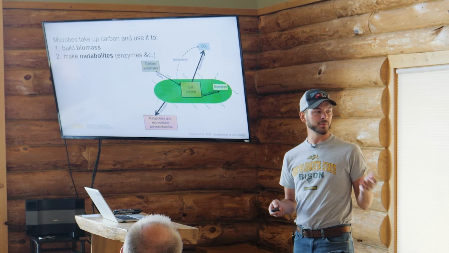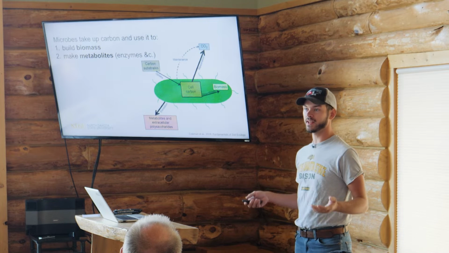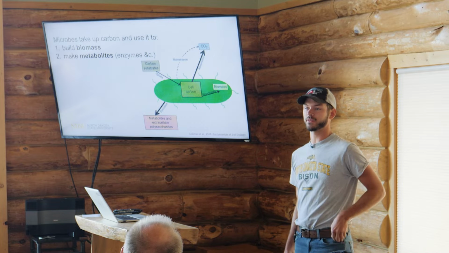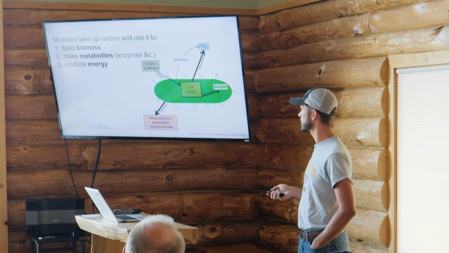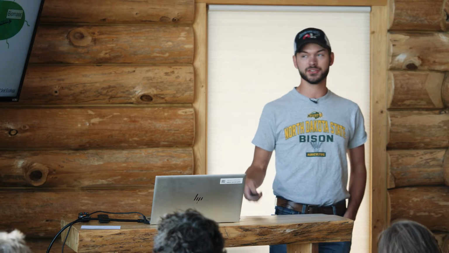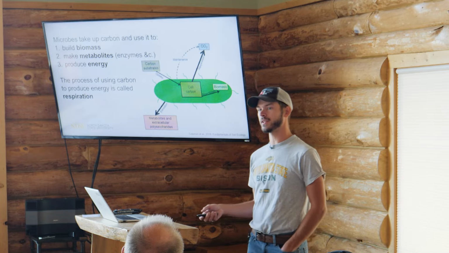You think about the glomalin that's produced by mycorrhizal fungi. That's a form of metabolite exudate that is really important for our soil that they're making as a result of their metabolisms. And then they also produce energy. Again, just like we eat food to have energy, they need to do the same thing. And this process of using carbon to produce energy is respiration.